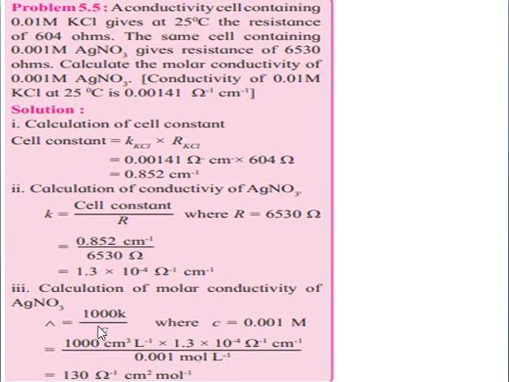After solving this equation, the answer obtained is 130 ohm inverse centimeter square per mole. And this is a solved example of our textbook. Important and similar examples are given in our exercise.